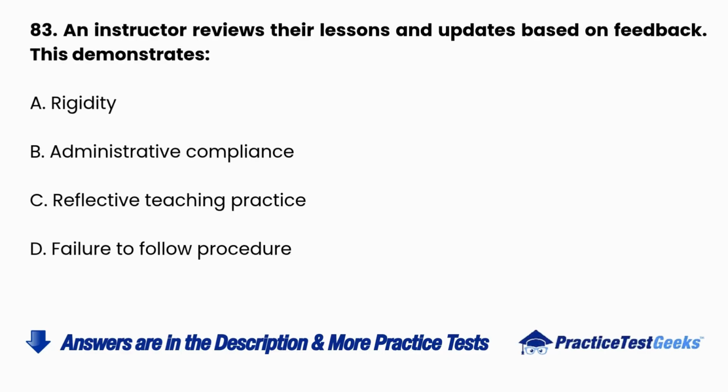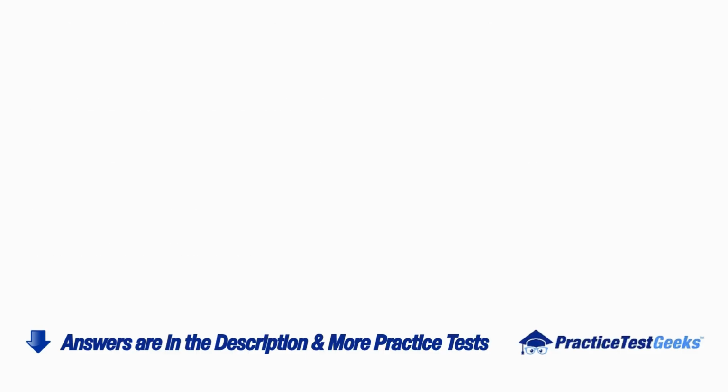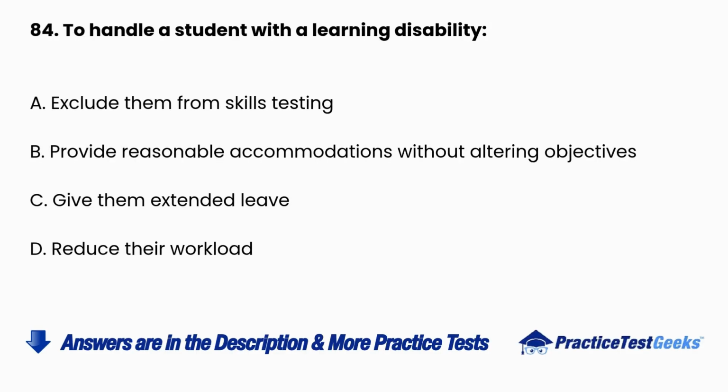83. An instructor reviews their lessons and updates based on feedback. This demonstrates A. Rigidity. B. Administrative compliance. C. Reflective teaching practice. D. Failure to follow procedure. 84. To handle a student with a learning disability: A. Exclude them from skills testing.